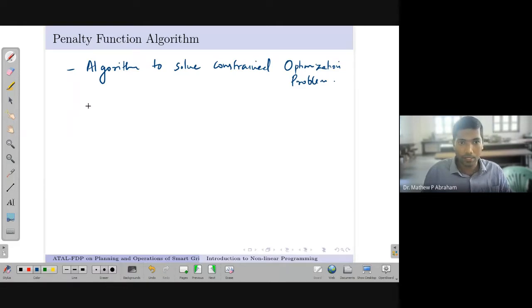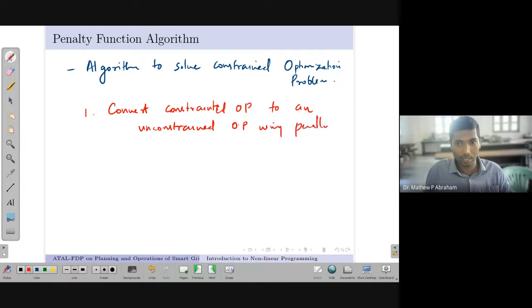There are basically two or three steps happening. First, you convert the constraints, since the constraints are posing the difficulty. We convert the constrained optimization problem to an unconstrained optimization problem using a penalty function.